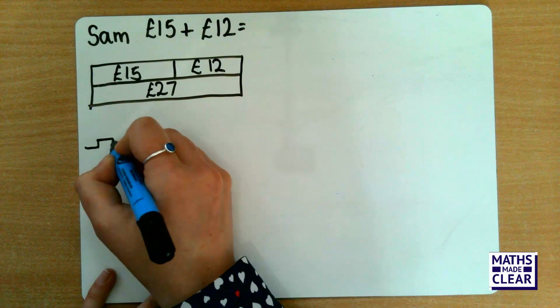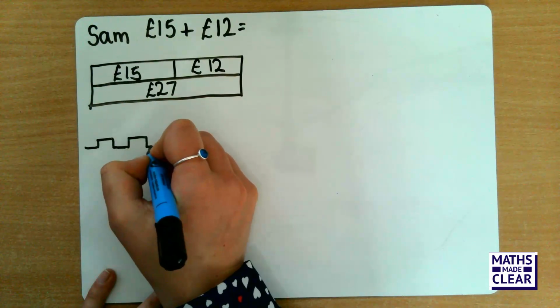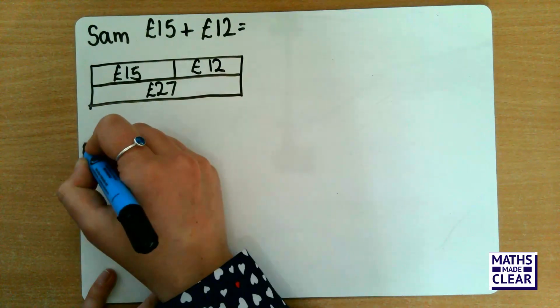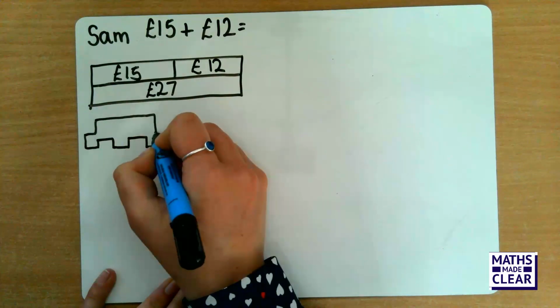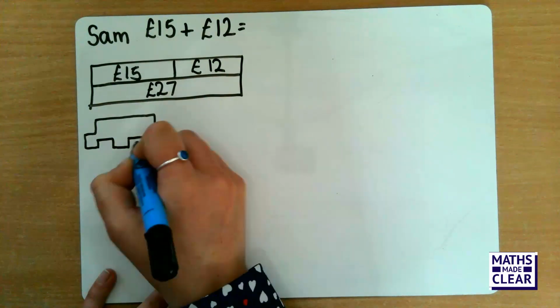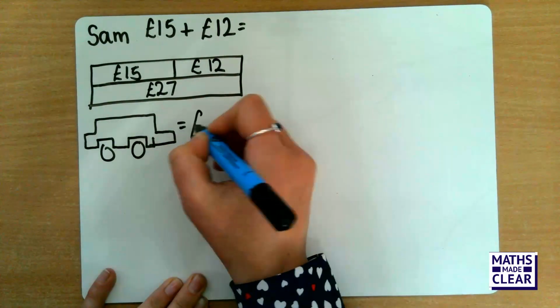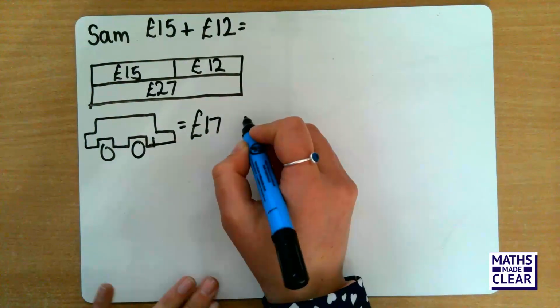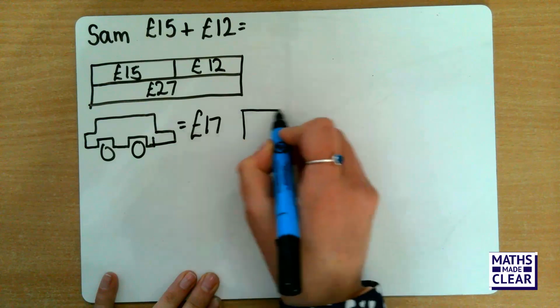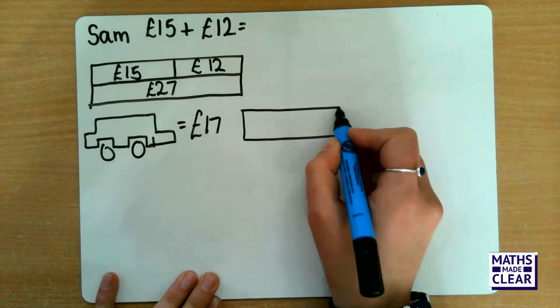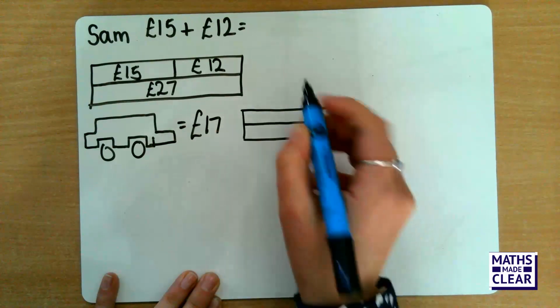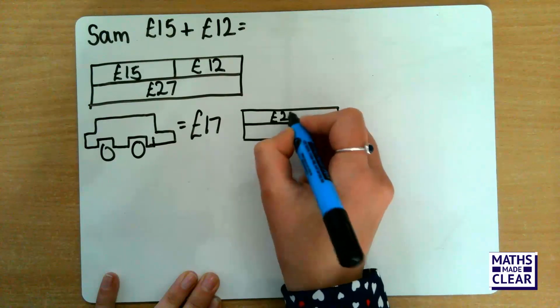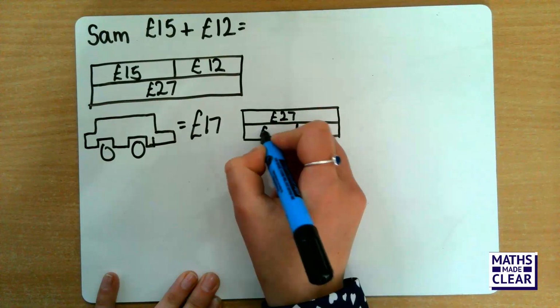Okay, so what about if Sam decides he wants to buy something with his £27? He likes the look of this car, but it's £17. He works out he has enough money to buy it. So he buys it, but we need to work out how much money he has left. We could use another bar model to look at this. Sam started with £27. We can show part of this £27 has been used to buy the car.